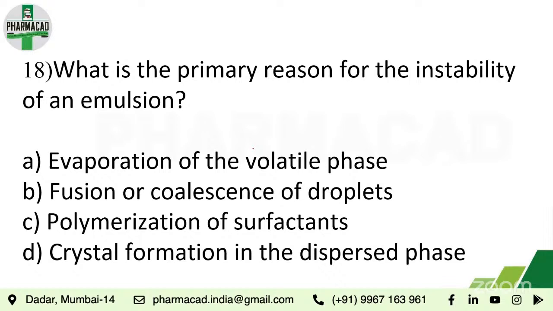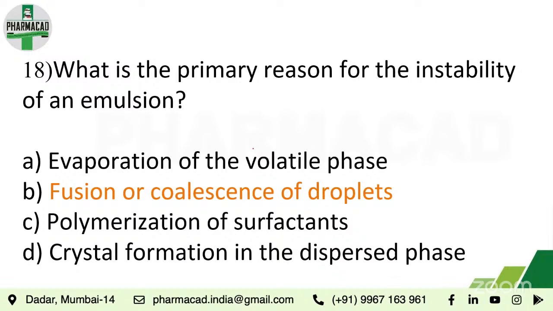Evaporation of volatile phase, fusion or coalescence, polymerization or crystal formation? D, the last one. The correct answer is B. But ma'am, the primary reason is coalescence. You said that if it happens at the very end it is irreversible, but this is crystal formation.